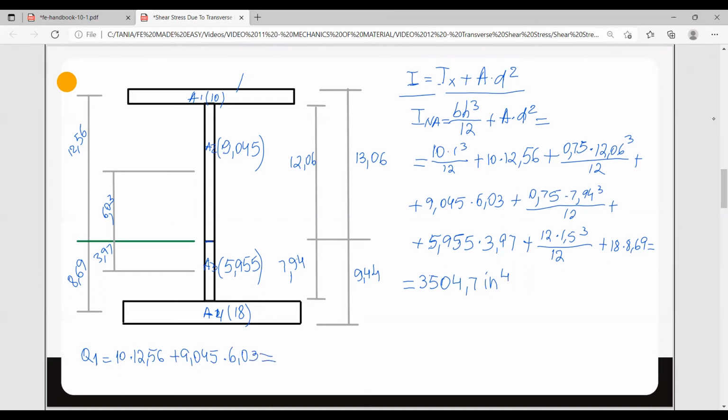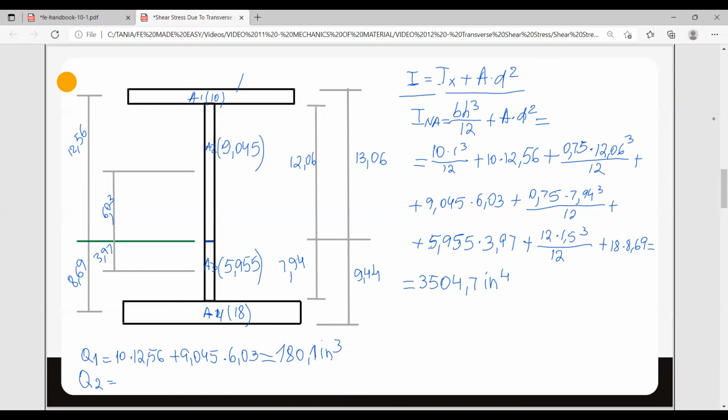Let's go ahead and calculate this. So I have 10, 1.256 multiply, 9.045, 6.03 multiply, plus. I'm getting 180.1, and this is inch to the third. This is Q1. Let's go ahead and calculate the moment of area at the bottom side.